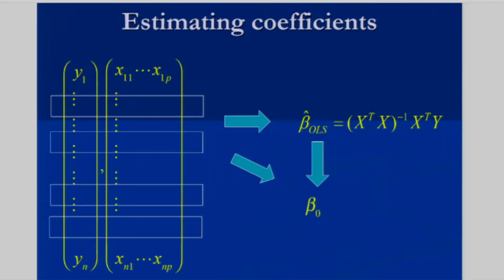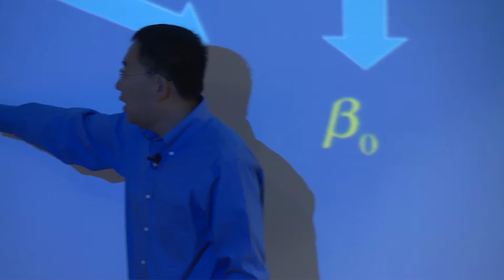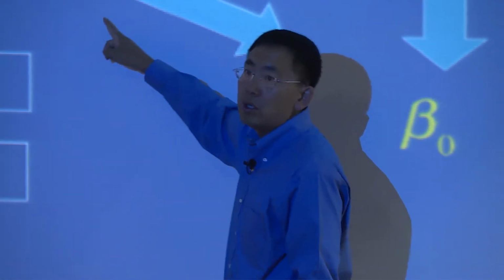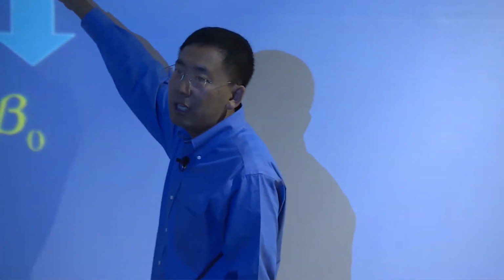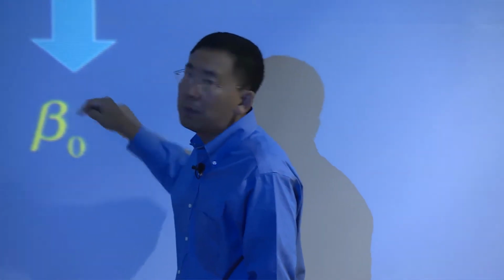We use beta hat OLS to denote the full sample OLS. But in linear regression analysis, we know the full sample OLS is useful to make an inference on the underlying true coefficient beta 0. So this subsample estimator can also be used to make an inference on the true underlying coefficient. So we have dual purpose. One purpose is approximating the full sample OLS. The other purpose is estimating the underlying true coefficients.